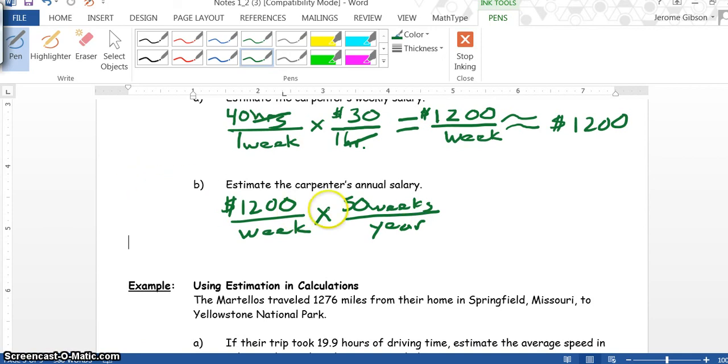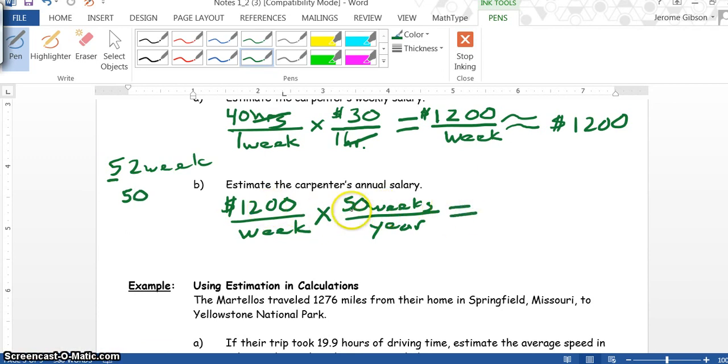Let me give a little more explanation. Remember, it's 52 weeks in a year. Since we're doing approximation, we still round to the tens, which is this 5. We look to the right of it, it's a 2, so the 5 remains and we have 50. This is how we come up with 50 weeks.